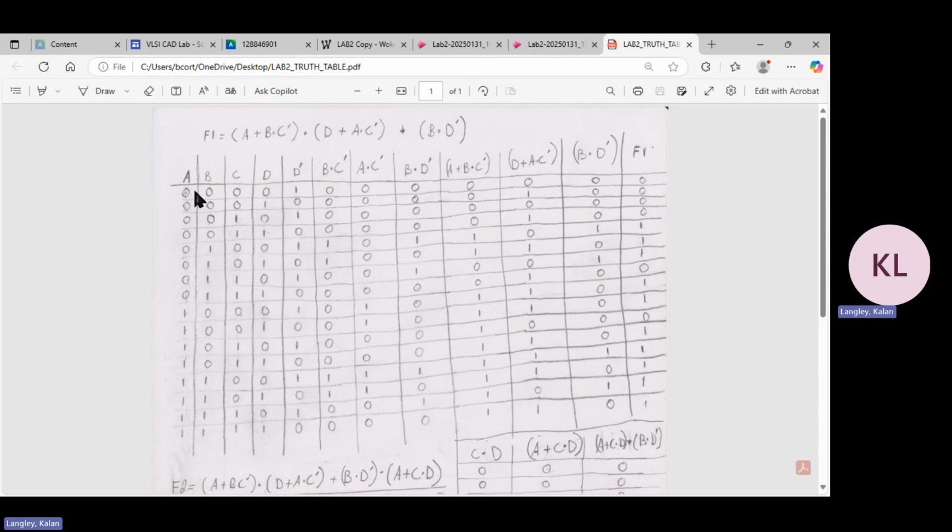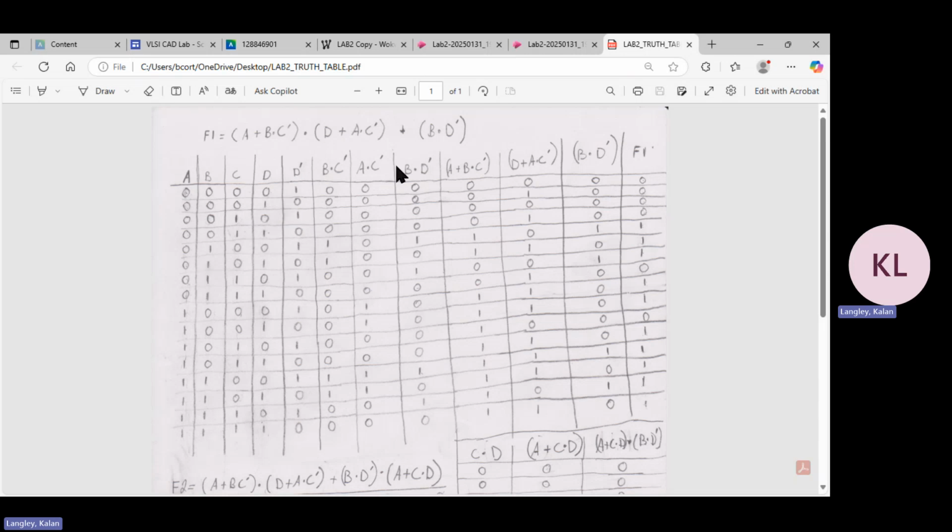So I wrote out all the different combinations of A, B, C, and D. We can ignore this column here. I just like to do extra work, I guess. I didn't really need it.